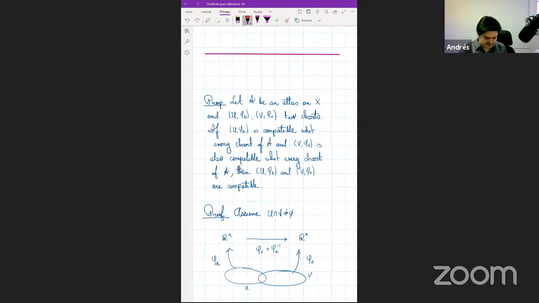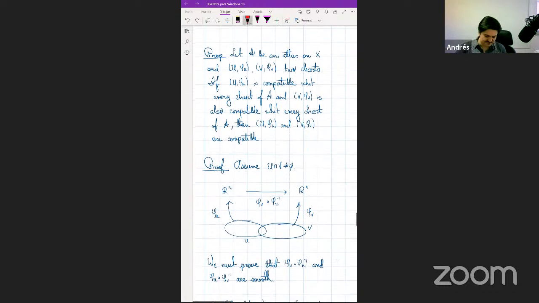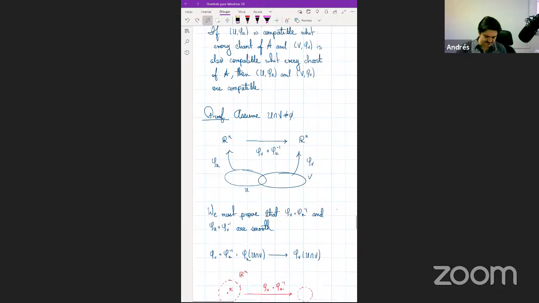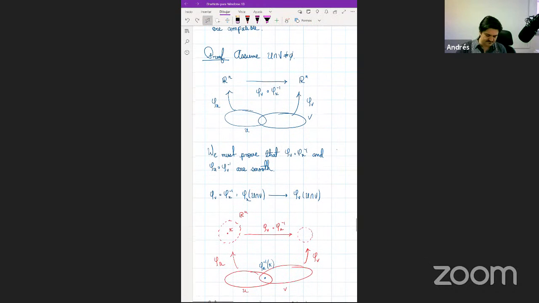Now, in order to prove that a function is smooth, we can do it also pointwise. Check that at any point in the domain, the function is smooth. And this is what we're going to do. I want to prove that this is smooth, and for that, I'm going to take an arbitrary point x.